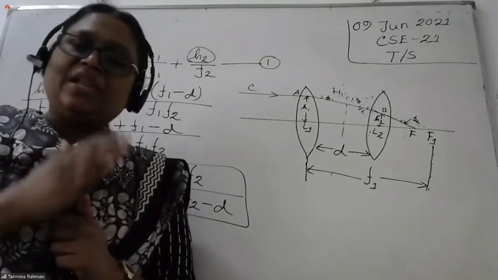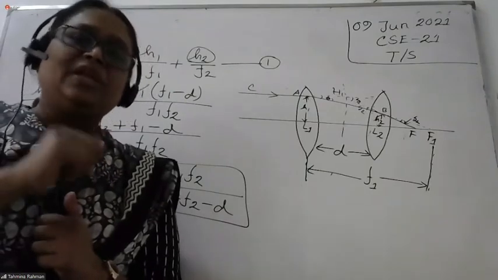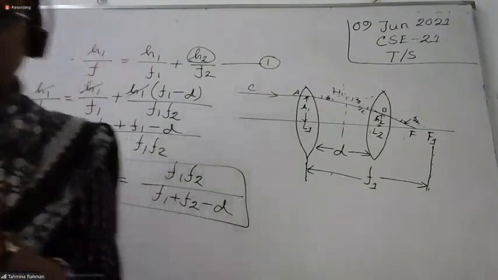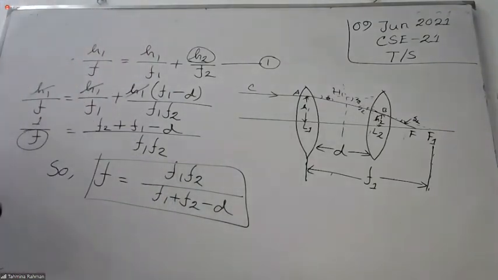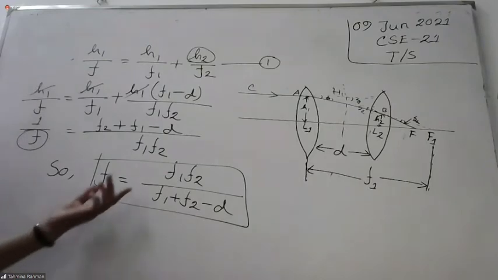Find the equivalent focal length. Calculate. Tell me the answer. 8 centimeter. Yes, ma'am. Good, very good. 8 centimeter. Just very simple.